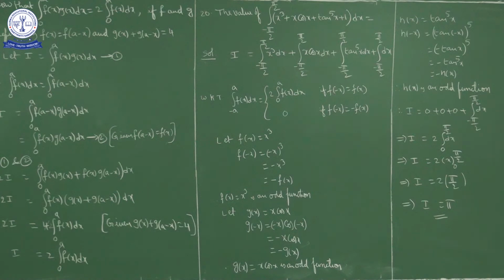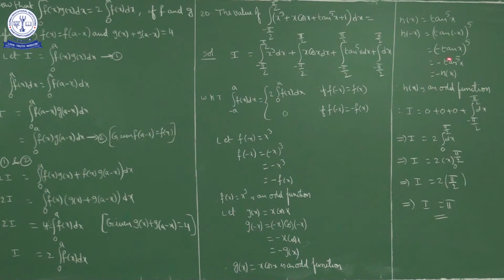Okay. Next, the third one, tan power 5x. I'll consider it as h of x. Let h of x equal tan power 5x. Now h of minus x is tan of minus x whole power 5. We know tan is an odd function, so tan of minus x is minus tan x.